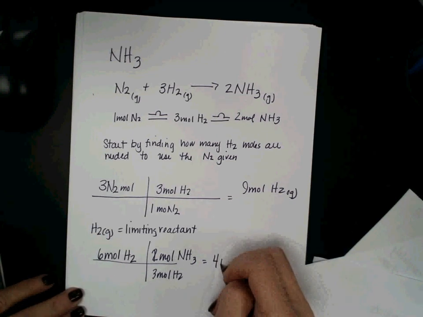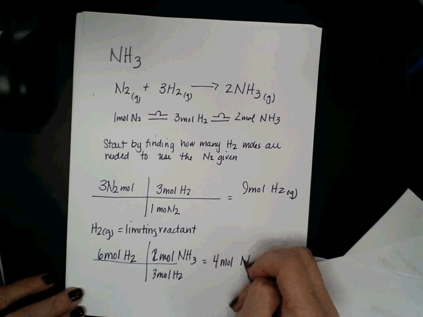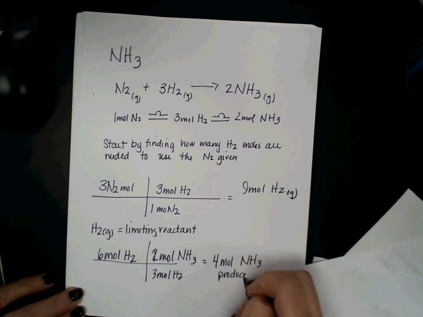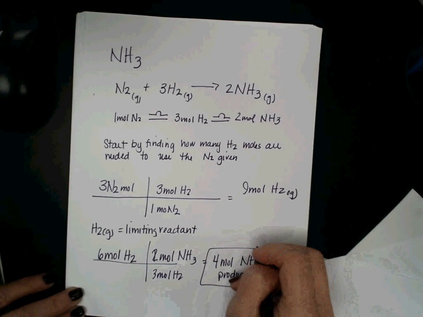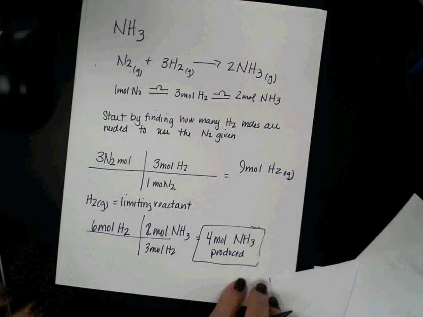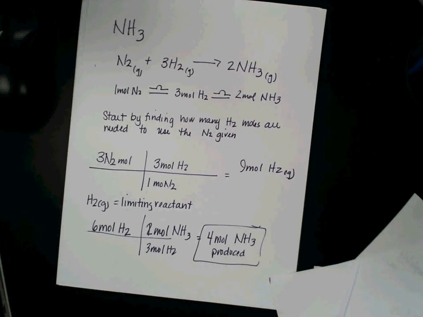So that would give me in the end 4 moles of ammonia produced. So what was my excess reactant or my excess reagent? Nitrogen. Yeah.